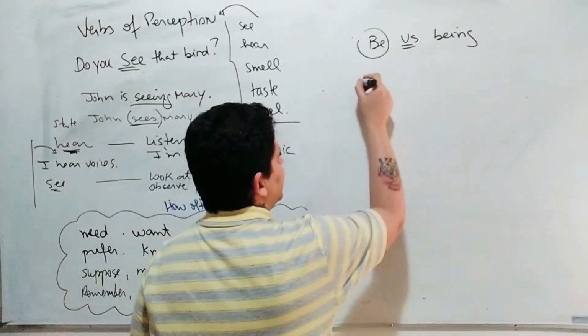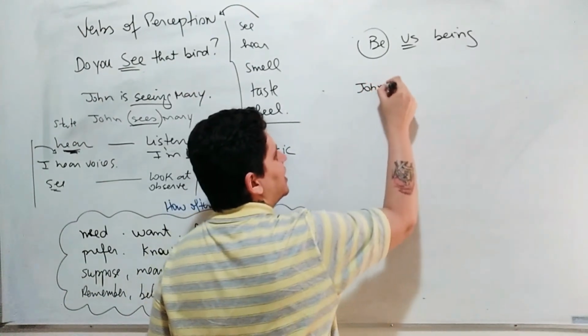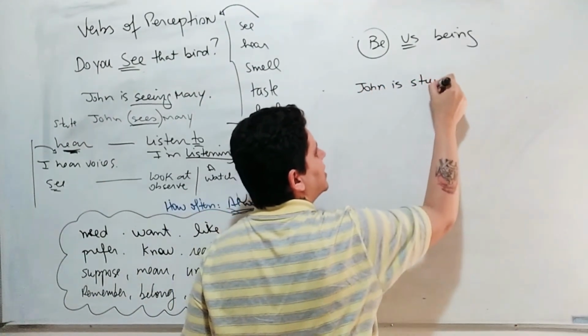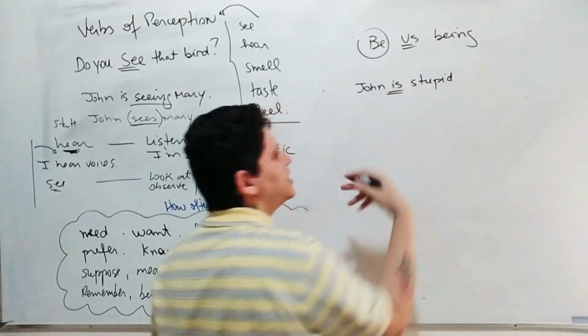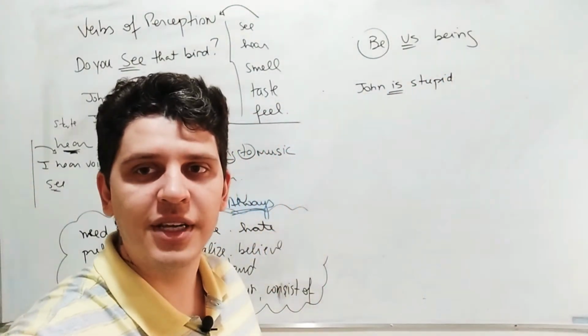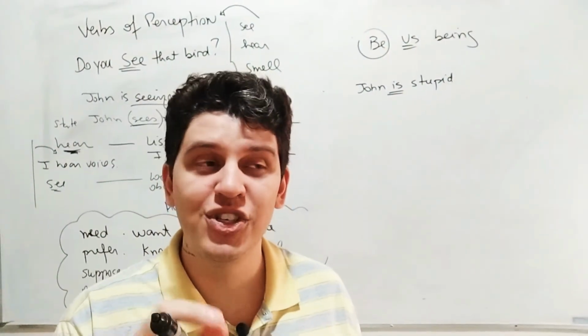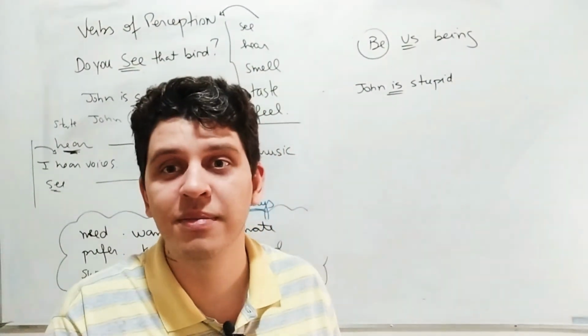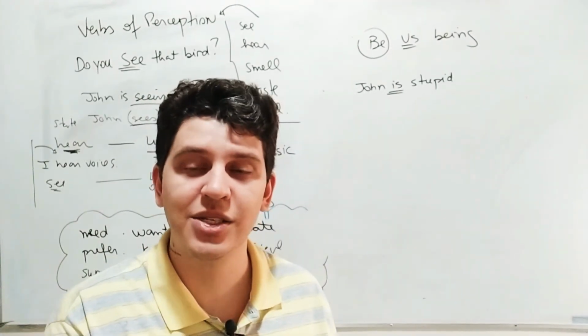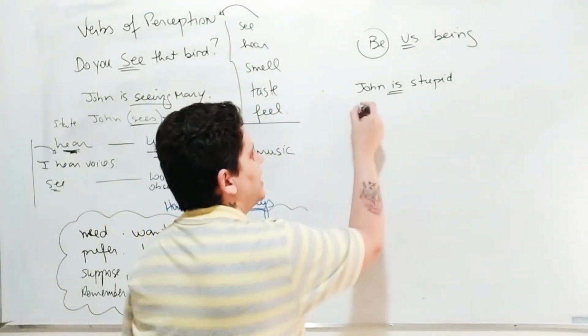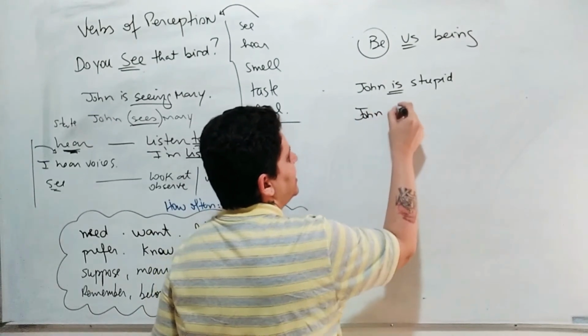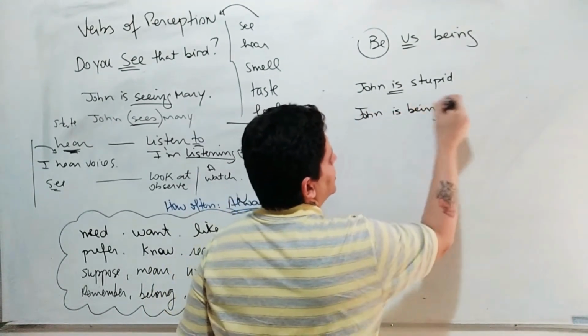So you could say, for example, John is stupid. In this case, you're saying that John is stupid all the time, right? But let's imagine John is not stupid. Let's imagine just right now, he's stupid. And he's acting in a stupid way.